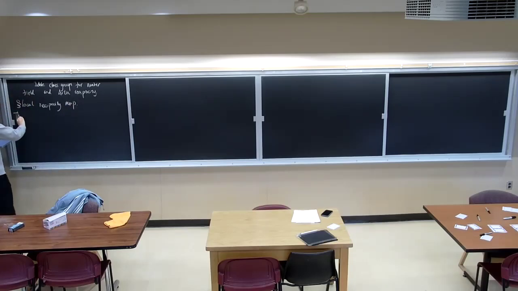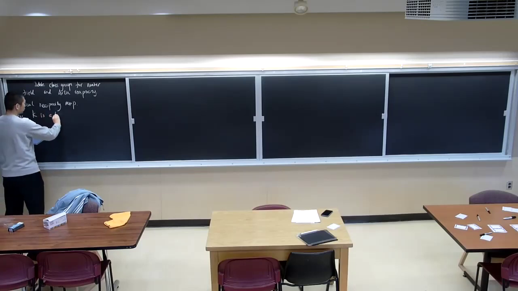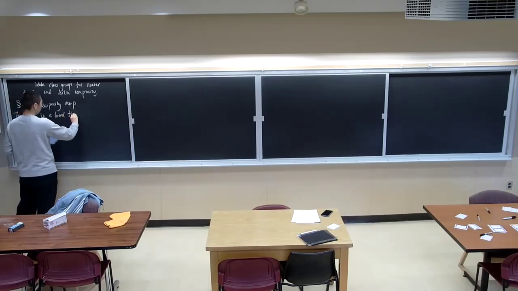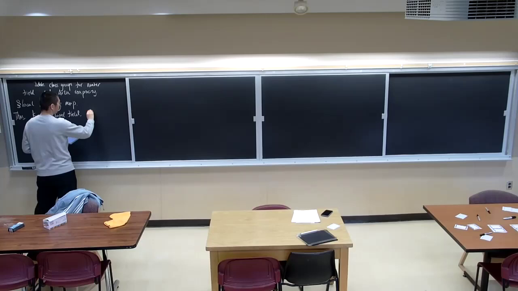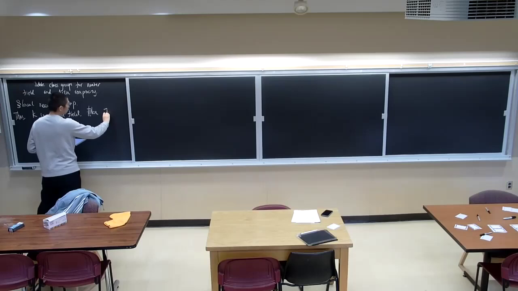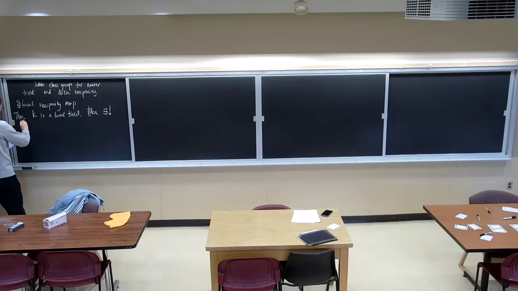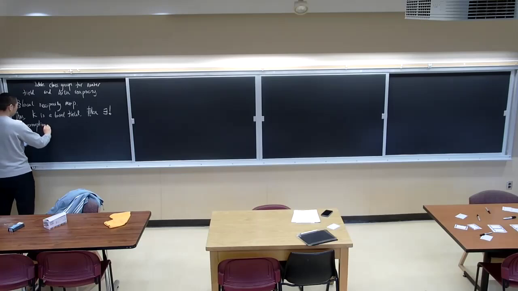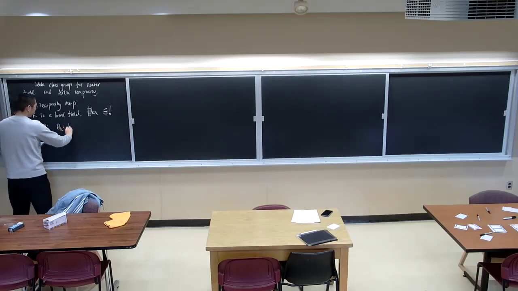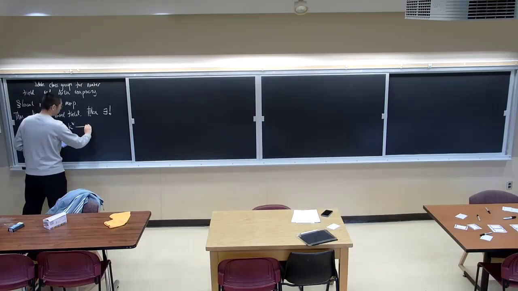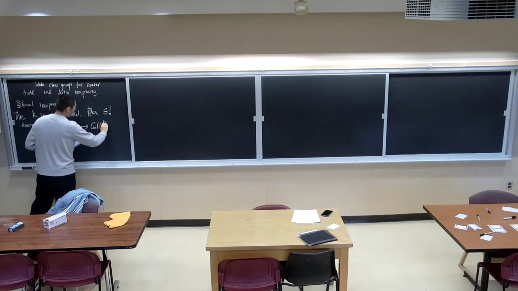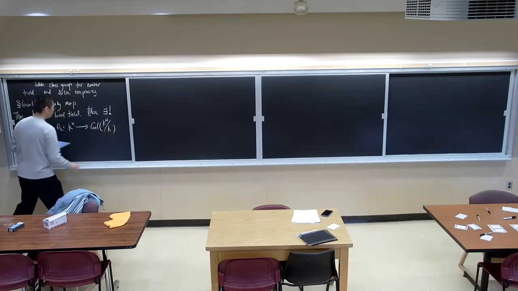So K is the local field. Then there exists a unique homomorphism from K cross to the Galois group of K^ab.